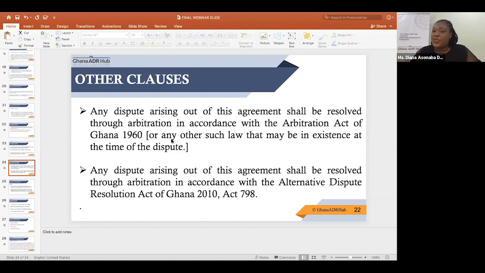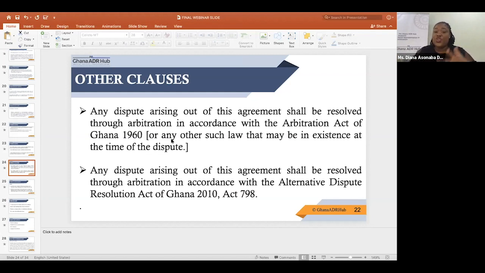This may be interpreted to mean that it is an ad hoc arbitration. It doesn't necessarily also mean that the ADR Center provided under Act 798 is the institution that will regulate the arbitration proceedings. Let me even mention that the ADR Center under Act 798 is not in existence. So by no stretch of imagination can this clause be deemed to mean that the ADR Center is the applicable institution to supervise the arbitration, because the ADR Center, I repeat, under Act 798 has not yet been set up.